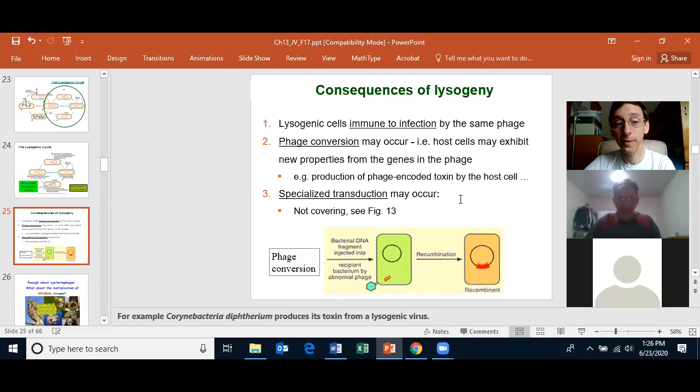Another consequence is specialized transduction, and I'm not going to talk about that. You can read about it in the textbook if you want. I'm not going to hold you to specialized transduction. We've talked about generalized transduction, and the specialized transduction is similar.